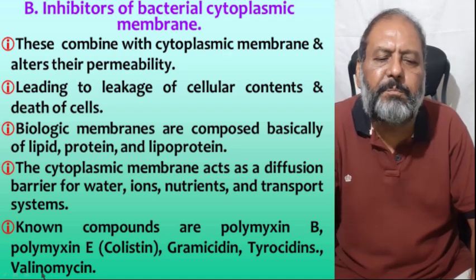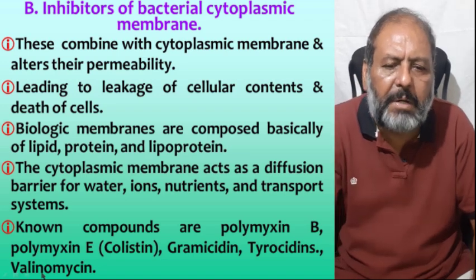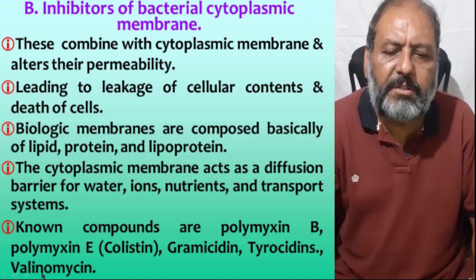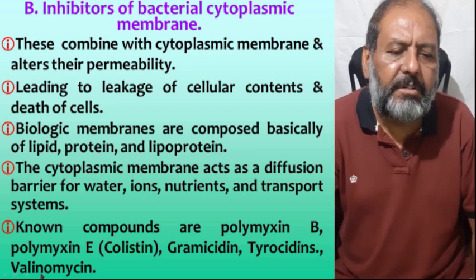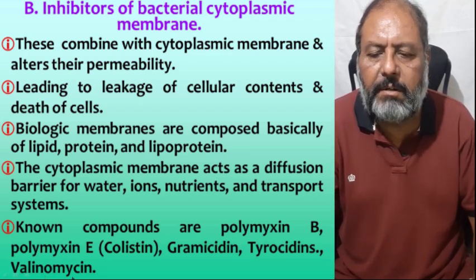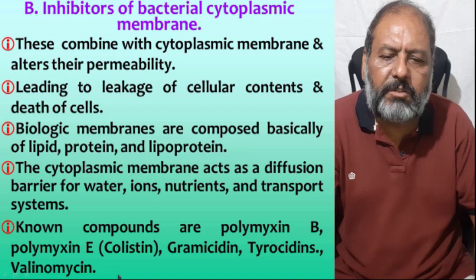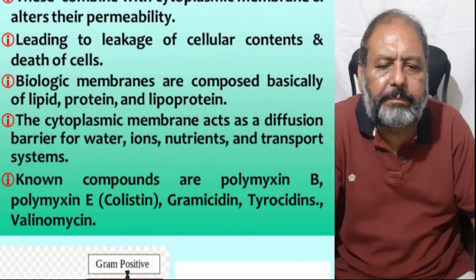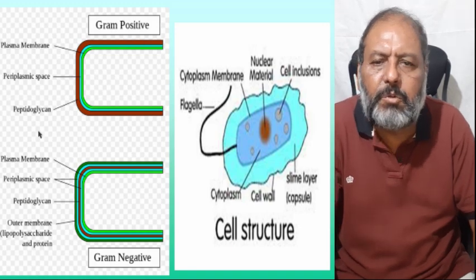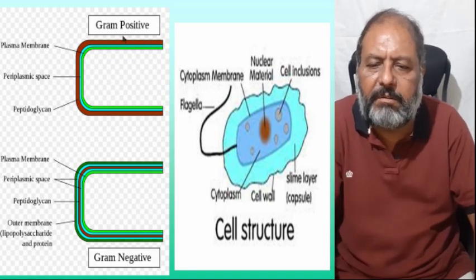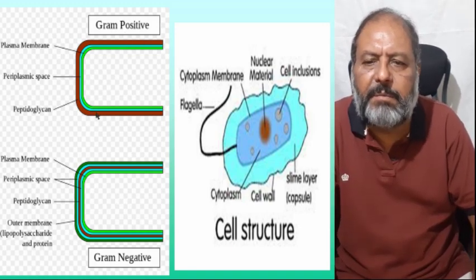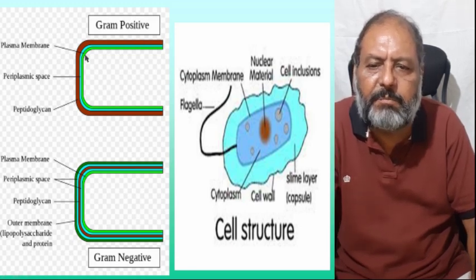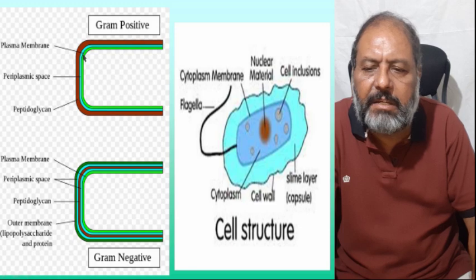The known compounds of this group are polymyxin B, polymyxin E, the other name is colistin, gramicidin, tyrocidins, and valinomycin, which act through bacterial cell membrane inhibition. Here, if you look at the structure of the gram positive and the gram negative, this is the plasma membrane or the cytoplasmic membrane, which is green in color.